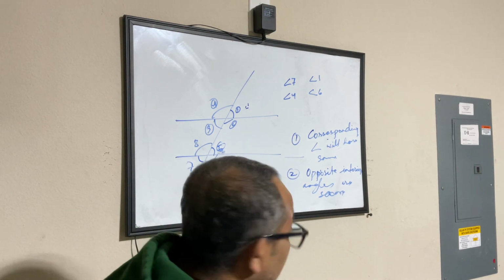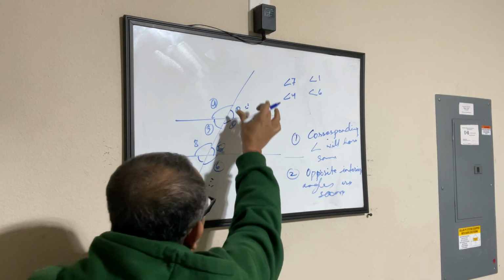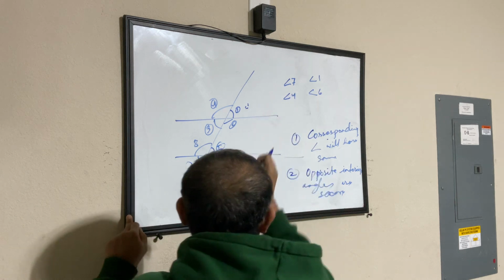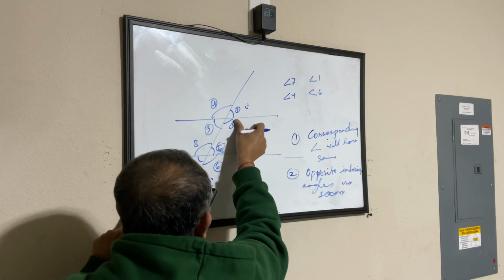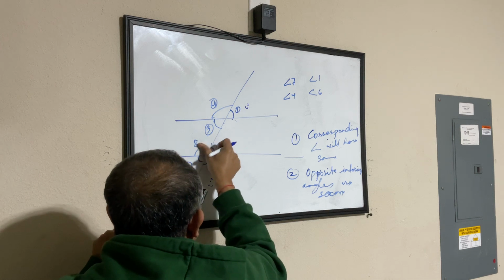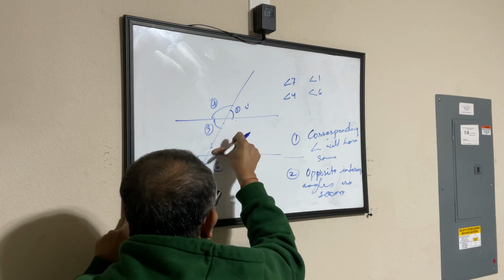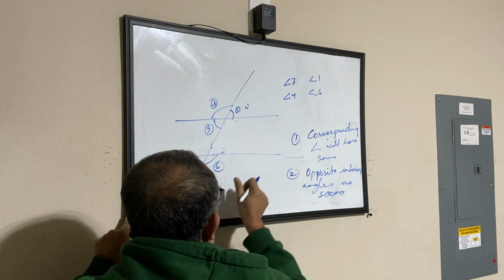Now we are saying that angle 1 and angle 7. So let me delete all other ones. 1 and 7, and 4 and 6.